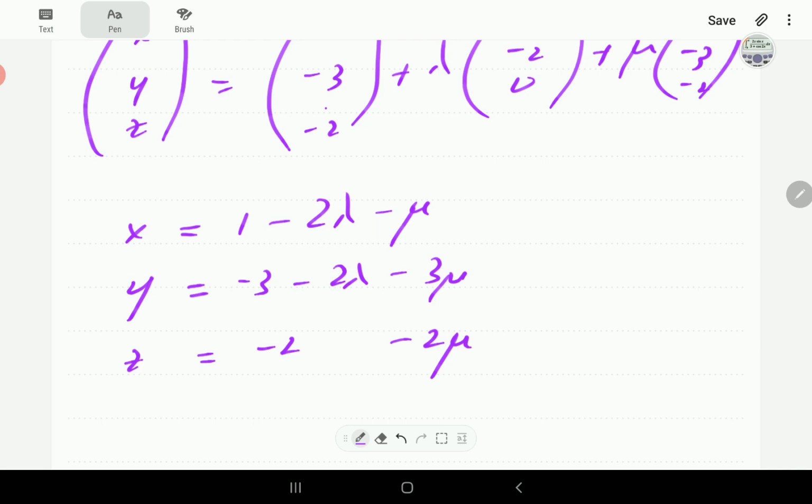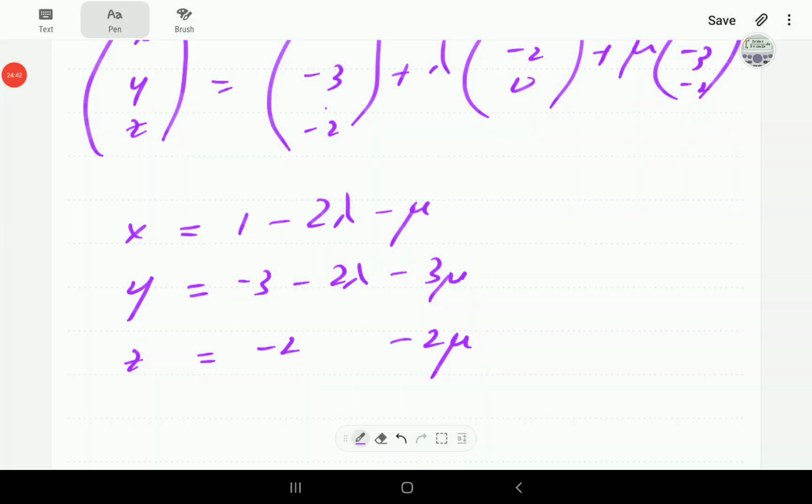So that's going to be the parametric form of the equation of the plane. Again, remember that the parametric forms are not necessarily unique, but if you convert them into the scalar form, then you must find the same thing.